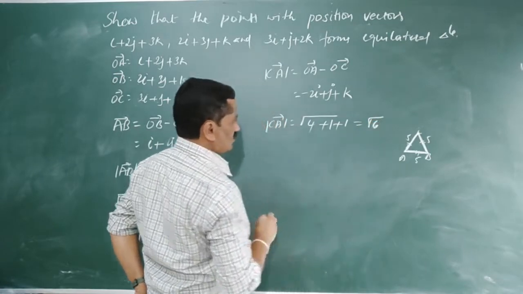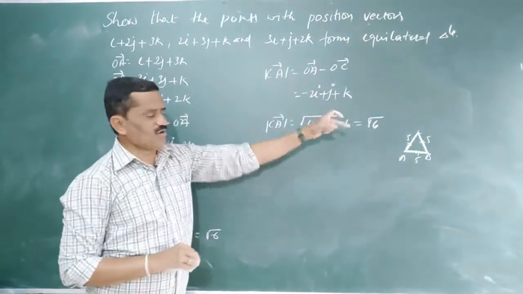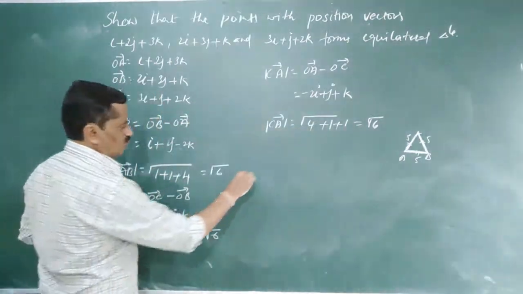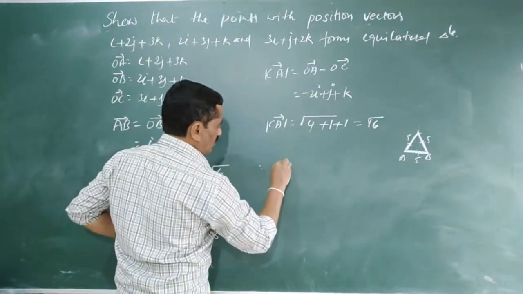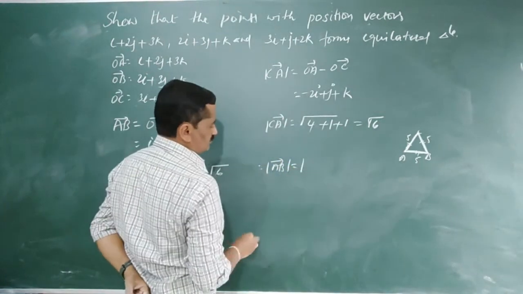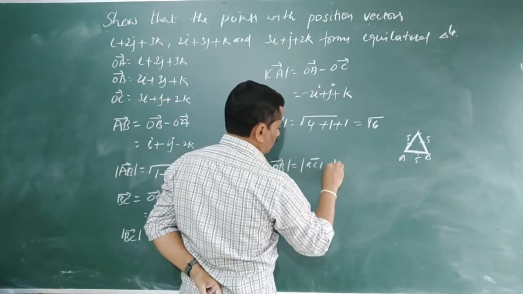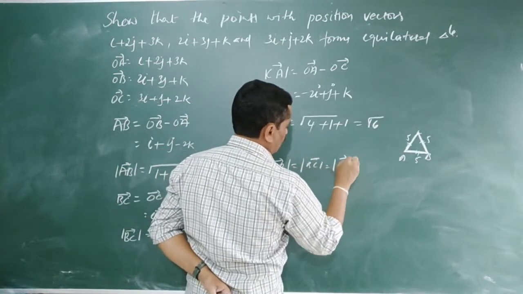Now compare AB bar, BC bar, CA bar. We have the same value, that is root 6. Therefore the magnitude of AB bar is equal to the magnitude of BC bar is equal to the magnitude of CA bar.